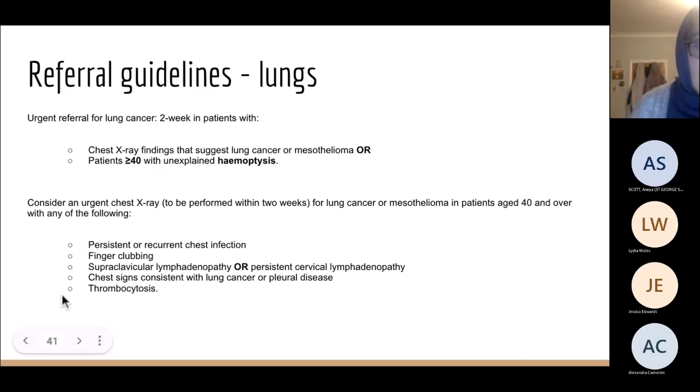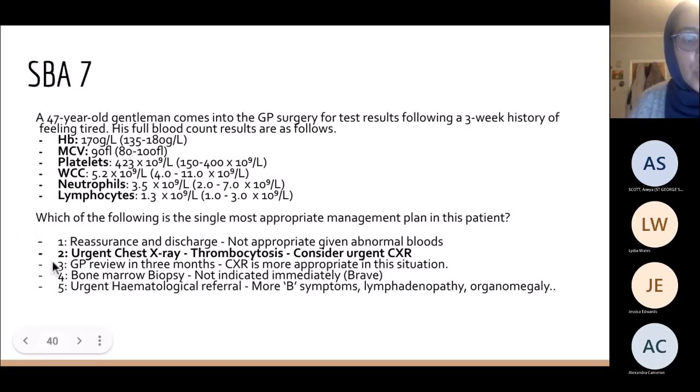So having one of these warrants having an urgent chest X-ray within 2 weeks to rule out lung cancers or mesothelioma. So going back to the SBA, that's why number 2 was correct. That's why he warranted having an urgent chest X-ray. Number 1 is wrong because he does have abnormal blood because he's got this thrombocytosis.